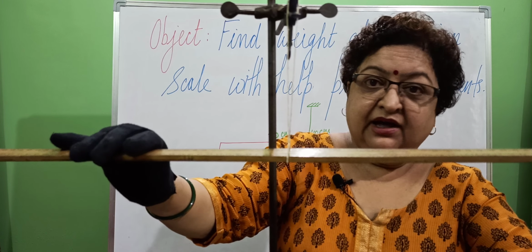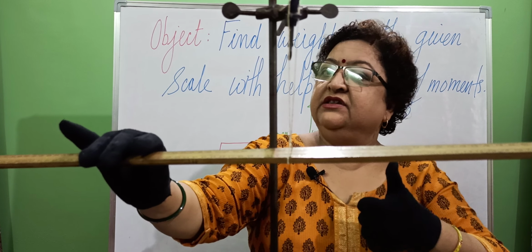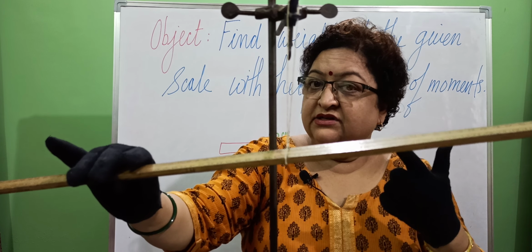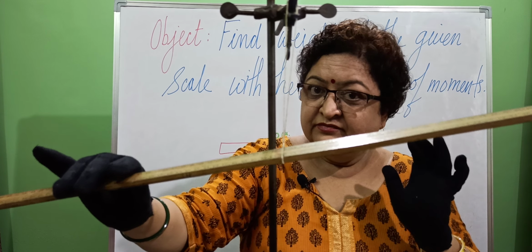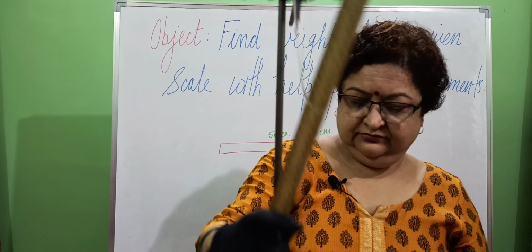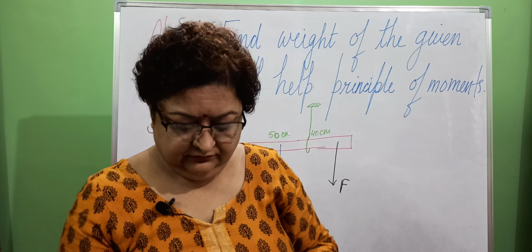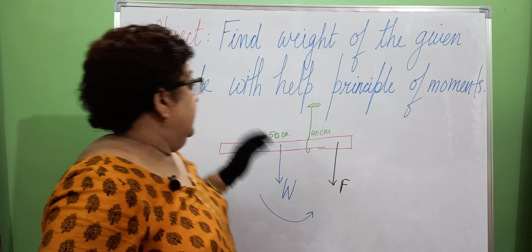The 30 gram, as I told you, is at the 3 centimeter mark. So are we ready with the pen and pencil to write the observation? Let us start our observation. And here we are.